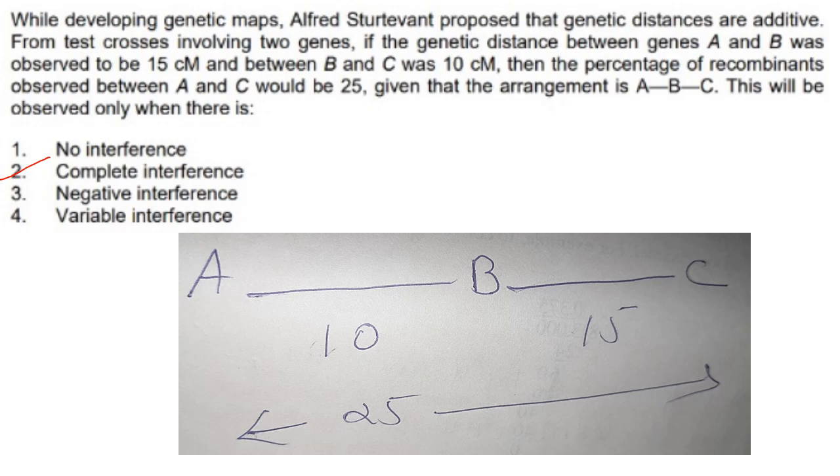Only single crossovers will be observed. So, if double crossover happens, then the additive nature of the genetic distances will not be observed. Instead of 25, you will get some other value. Since they have asked, this additive nature will be observed only when there is complete interference, that is when double crossovers are not there.